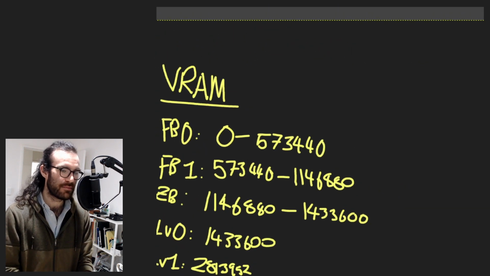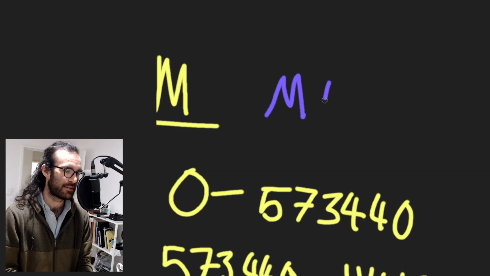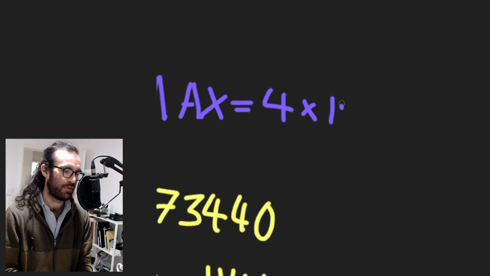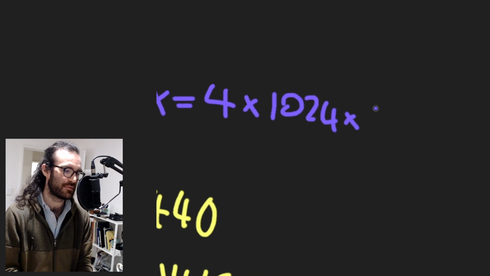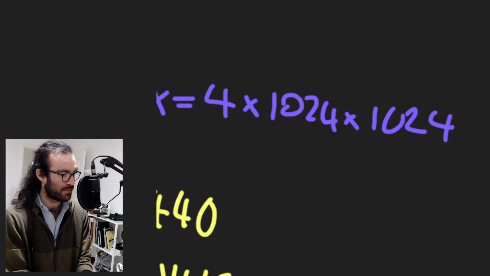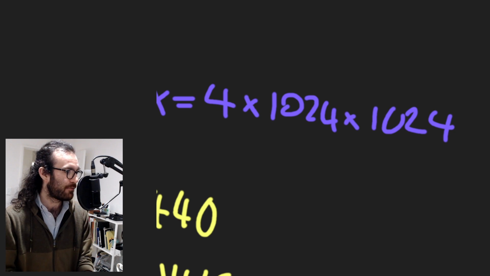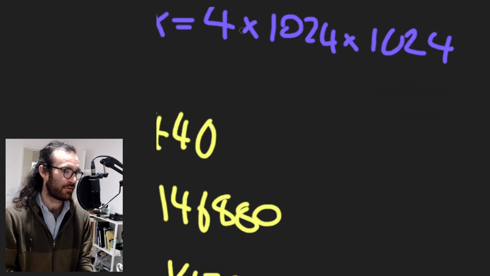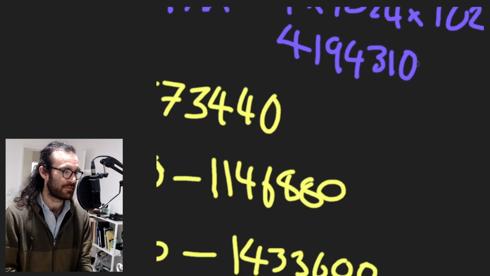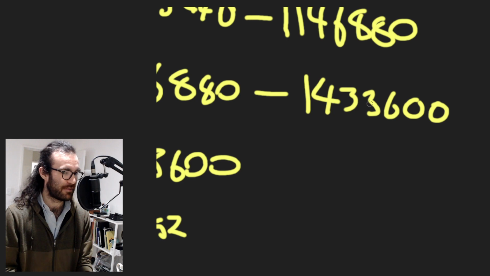1436660. Now, what's the max VRAM we can have as well? Max is 4 times 1024 times 1024, and that is 4194310. 1, 2, 3, 4, 5, 6, 7.